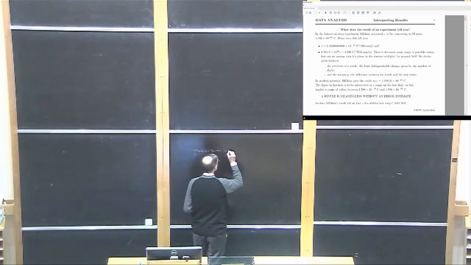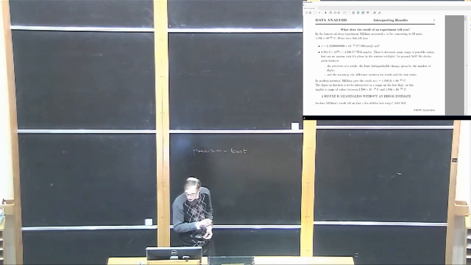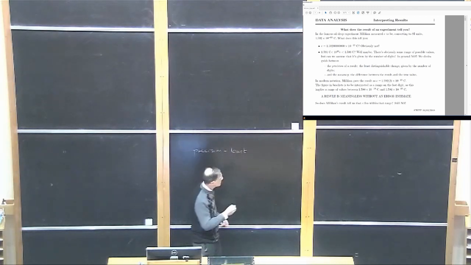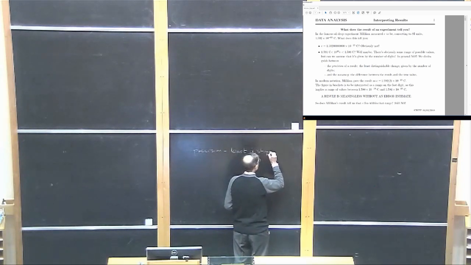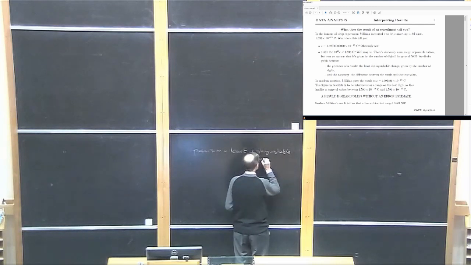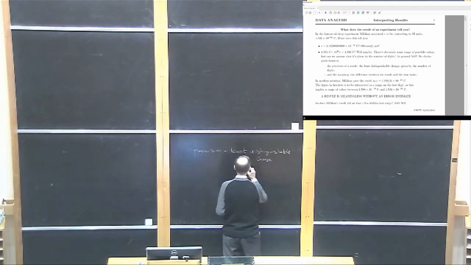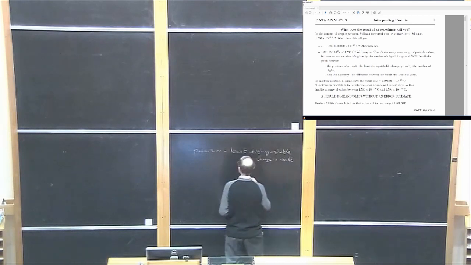And the precision is the least distinguishable change in the result. So the number of digits gives you the precision.